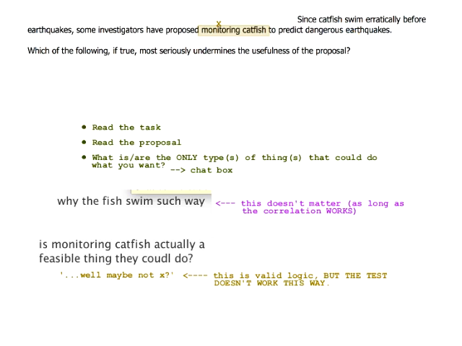You might want to think about that. Like, what if they swim erratically before? I don't know if you guys know this if you don't live in earthquake country, but here in Tokyo and also in LA and stuff, there's little bitty earthquakes every single day. So aha, now we're talking.